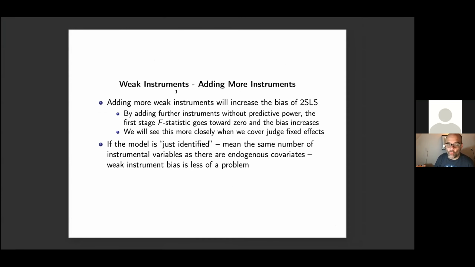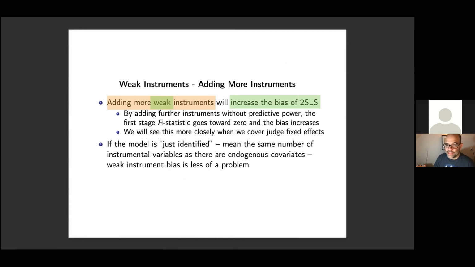So adding more weak instruments, that's the problem here. If you add in instruments that are weak, it will increase the bias of two-stage least squares. All right, so don't do it.